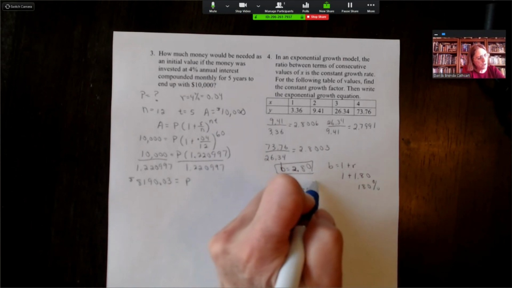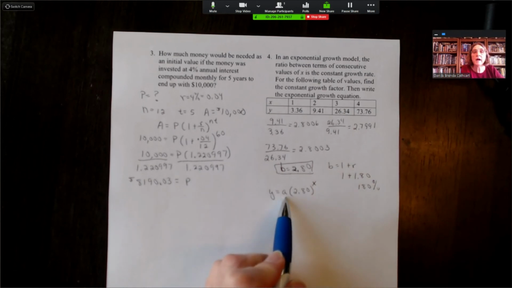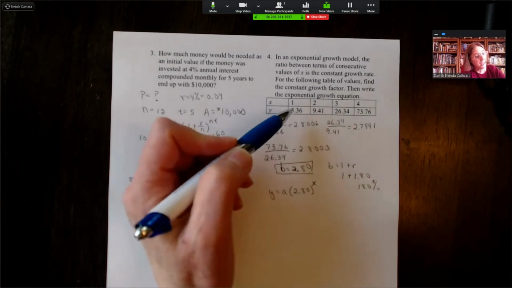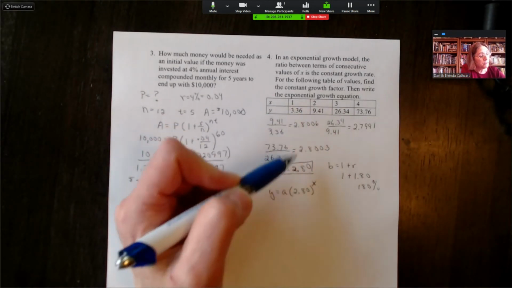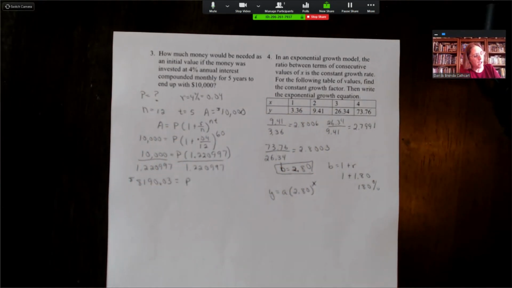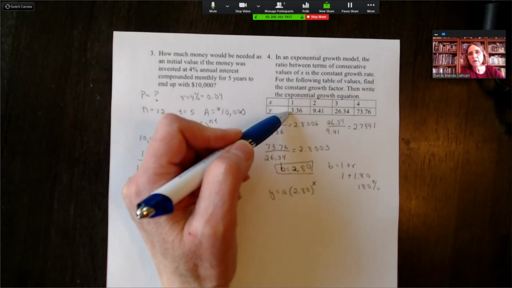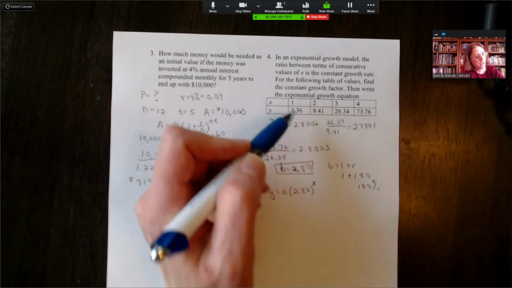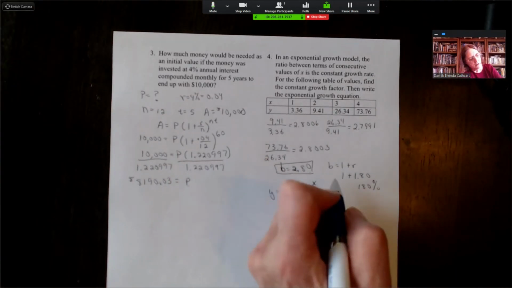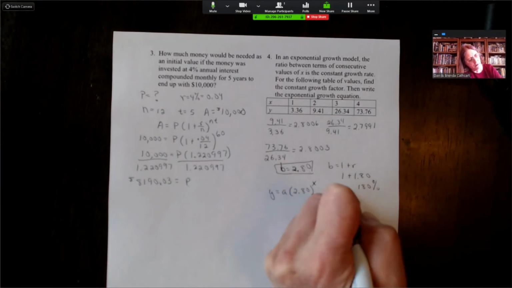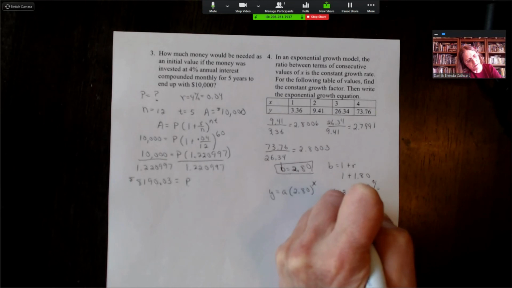What we need to know is our initial value A. This is our value when x is 0, not when x is 1. So I don't have that value for A. So what I can do is I can use the ordered pair 1, 3.36, and I can solve for A. So let's use the ordered pair 1, 3.36.